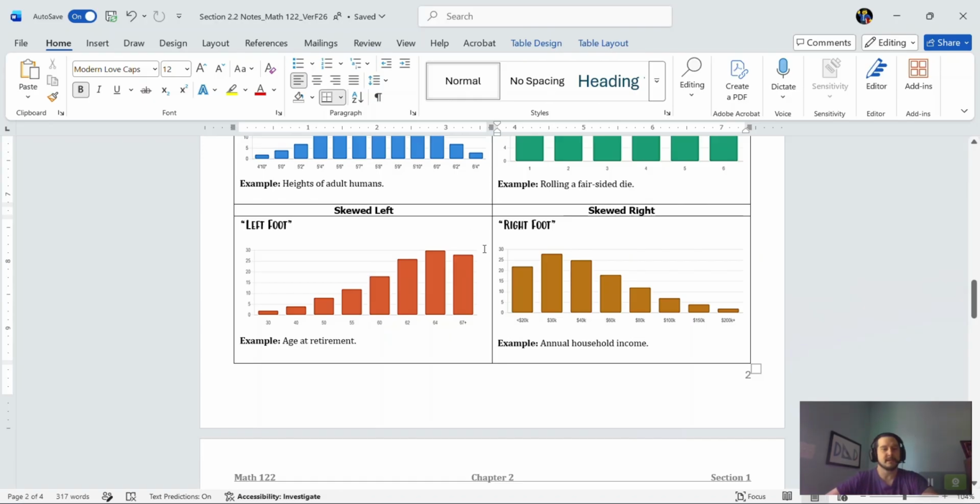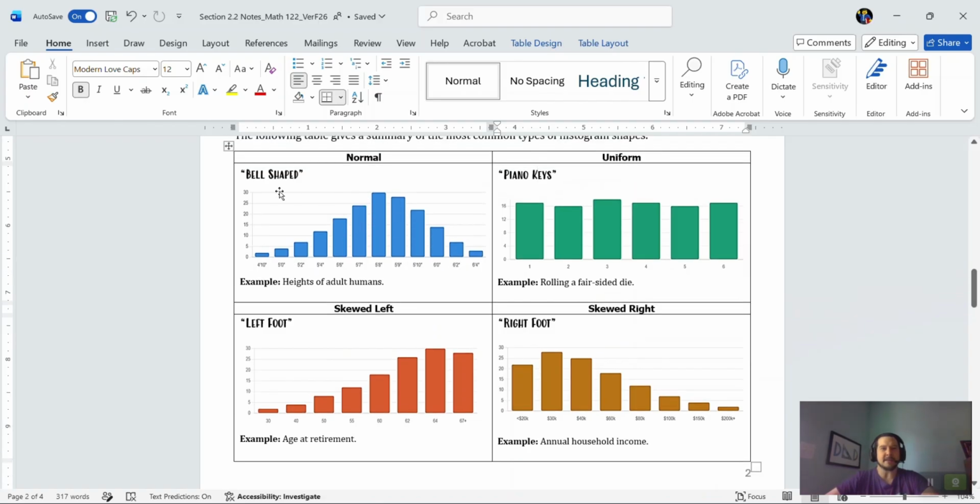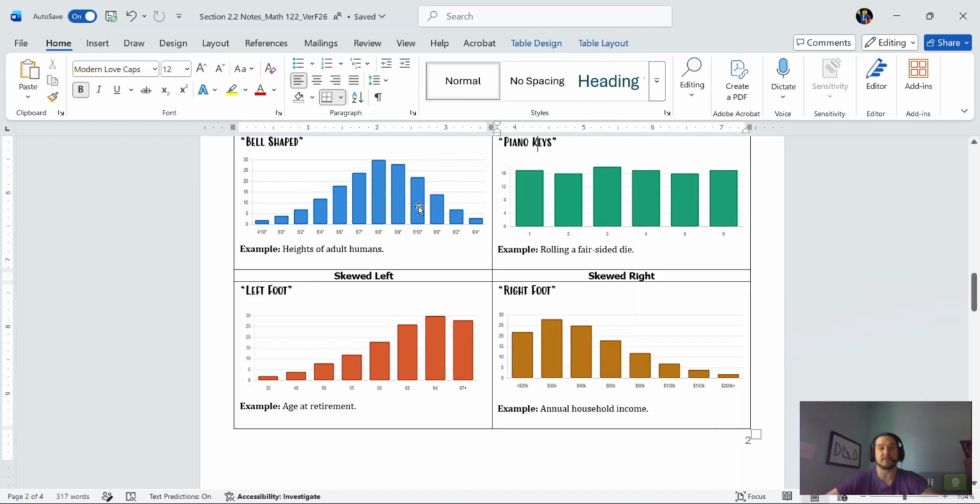I always like to say to students that imagine that these vertical bars are rubbery, and imagine taking like a balloon over here and just expanding it, then it would start to make this stuff push over to the right. And so whatever side the balloon's on, that's the type of skew it is, okay?